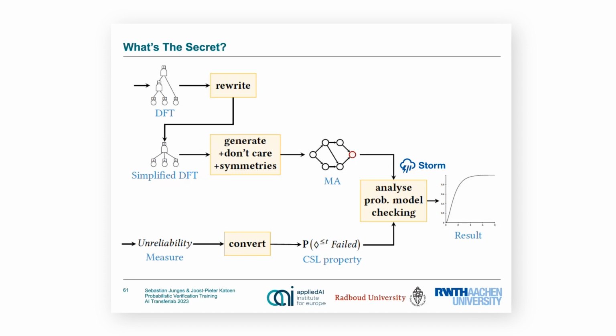MA stands basically for a continuous time Markov chain that, in very special cases, may also have non-determinism. But as I said, let's ignore this for the moment. Then in the end we use Storm to analyze this. Now, the main difference with the material we presented before the coffee break is that we look at continuous time Markov chains. So no longer discrete, but now we really talk about continuous distributions.